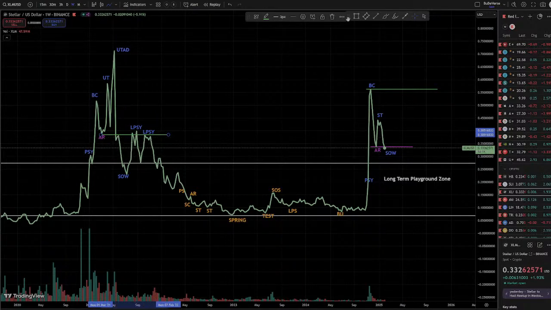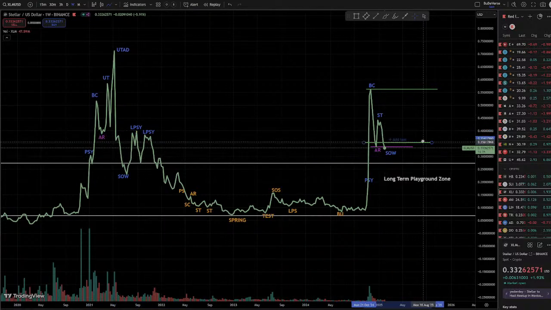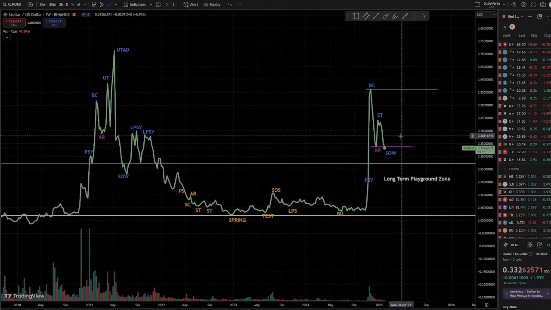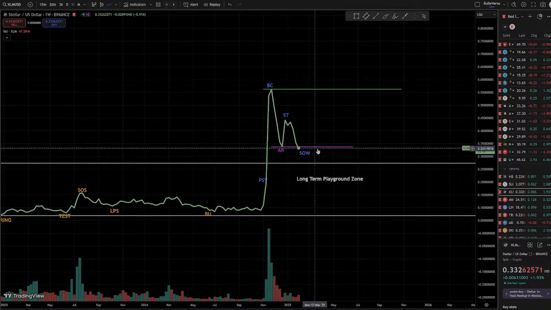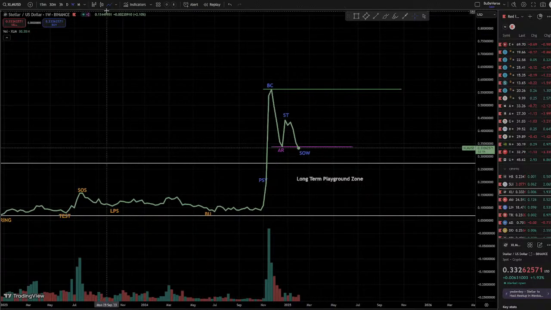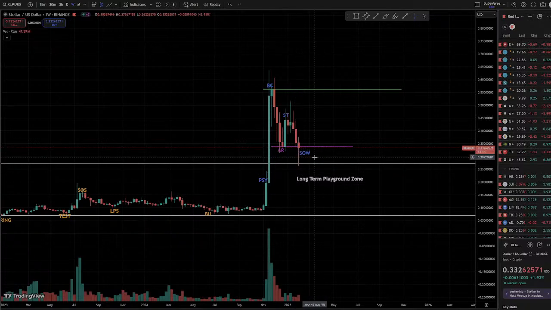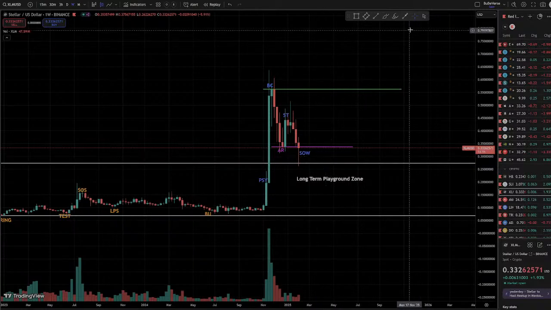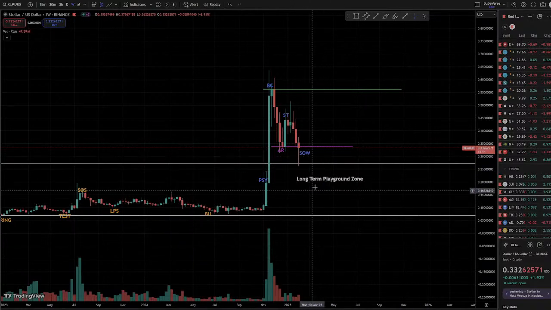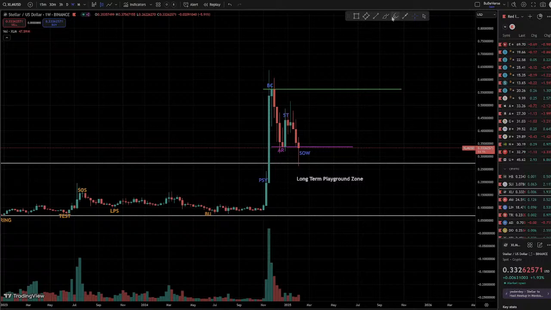So taking this to what we have right now, this purple line, I'll drop this green line. This purple line right here currently is more like a support at this moment, but if the price further drops, it doesn't have to drop all the way into the long-term playground zone, it can hover around.